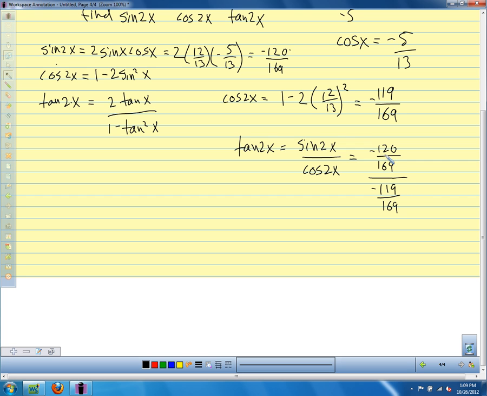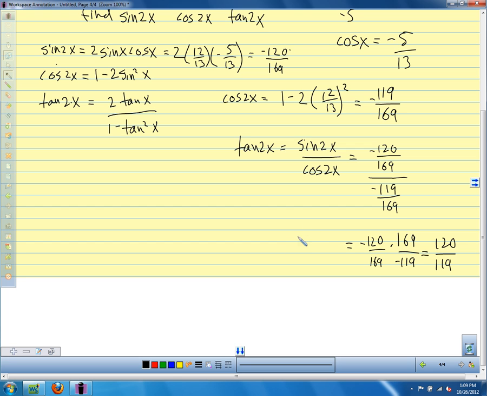When I divide by a fraction, I multiply by the reciprocal, and this turns out to be, let me write out that step, minus 120 over 169 times 169 over minus 119. These 169s cancel, and I end up with 120 over 119.